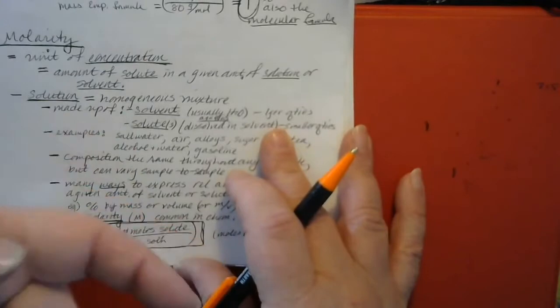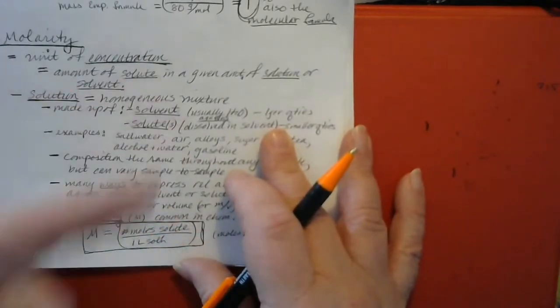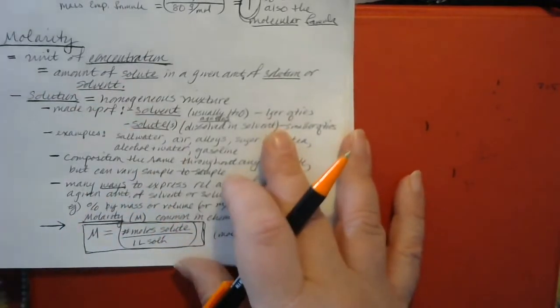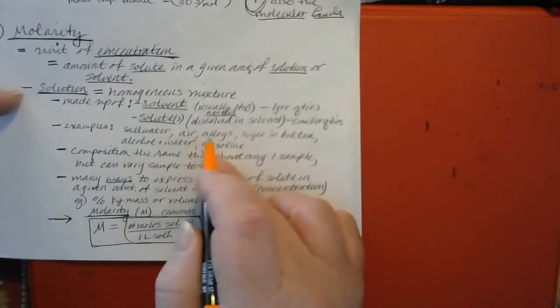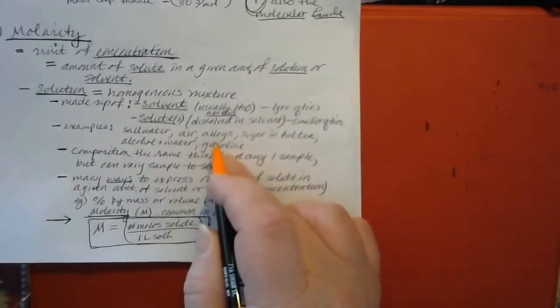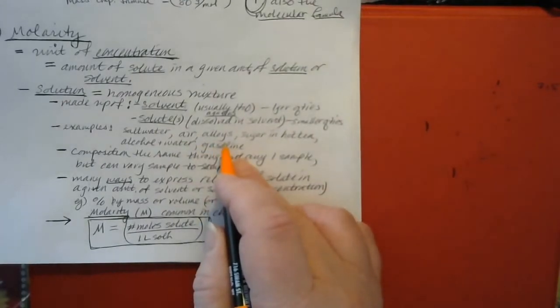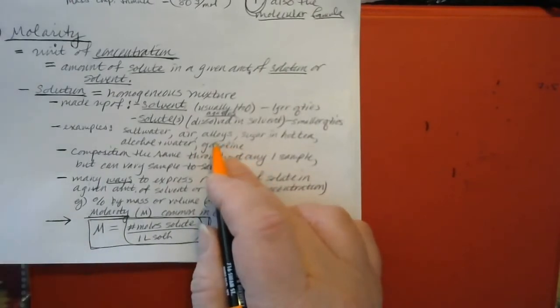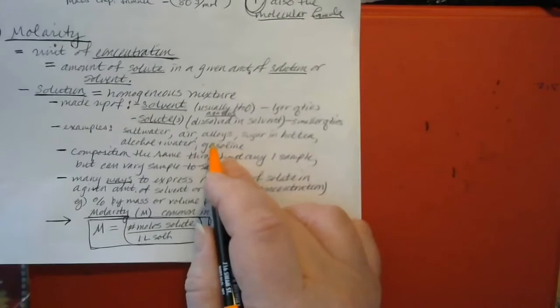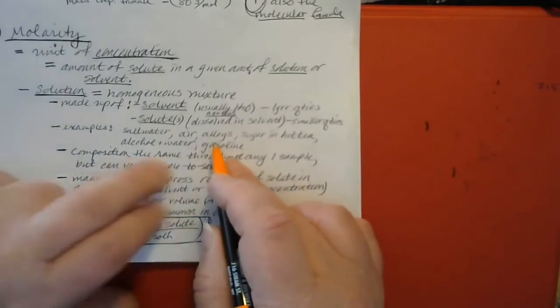And so in that case, the copper would be the solvent and the zinc would be the solute. And basically the only way that you can get solids to mix homogeneously would be if you melt them and mix them together as liquids and then cool them down so they turn solid again. And that's exactly how they make alloys like brass or steel or bronze. There are a lot of different alloys out there.